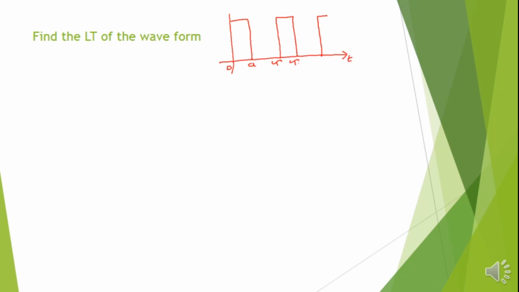Tau plus a 2 tau, and this is V. Now in this case, since the signal is continuous, we need to check whether the signal is periodic.